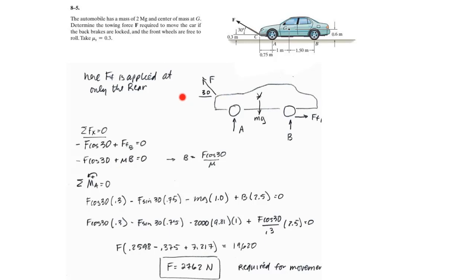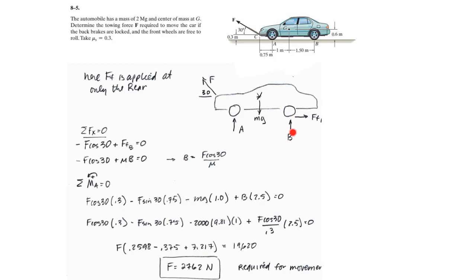Here I have minus F cosine plus the force of friction at B is equal to 0. Because we're at the slip condition, the force of friction at B is equal to mu B. I'm given mu is equal to 0.3, but I don't know the value of B. So I'm going to just set this equation equal to B, and it will be a function of the force and the coefficient of friction.